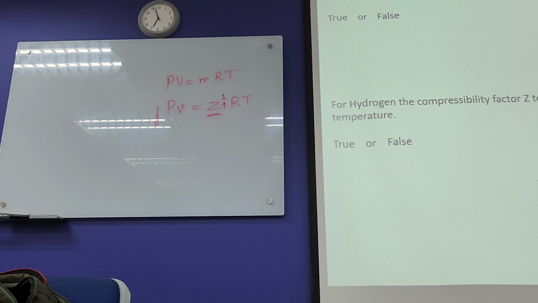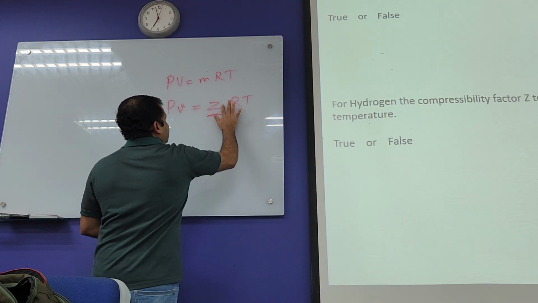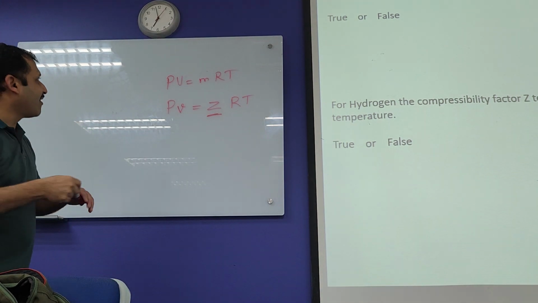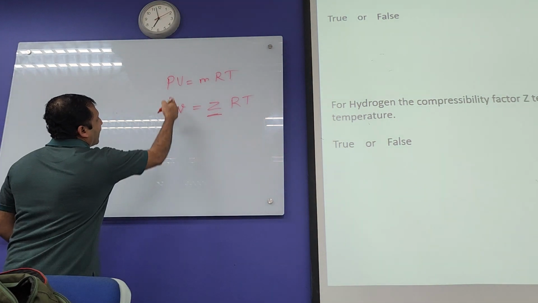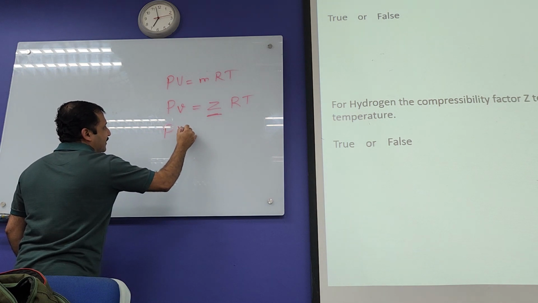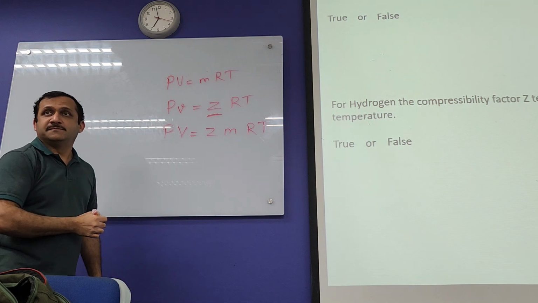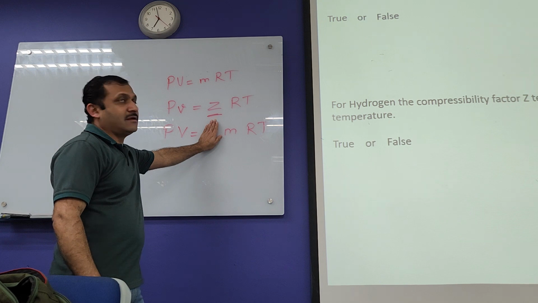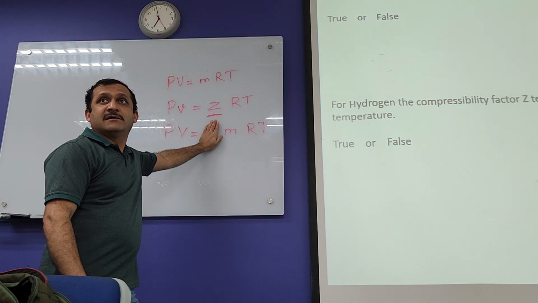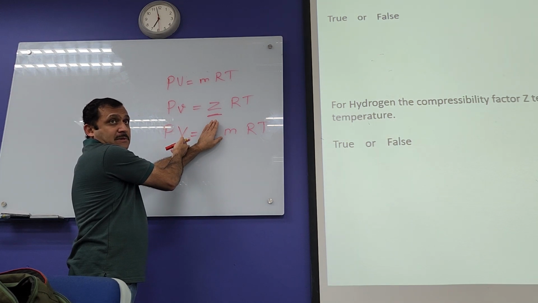So let's first try to think. What does Z going to 1 mean? Let me rewrite that equation in the same format: PV equals Z m R T. Now, if I get rid of that Z, that equation is exactly the same, right?